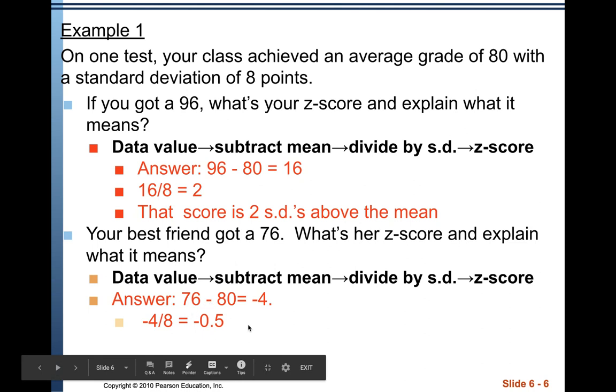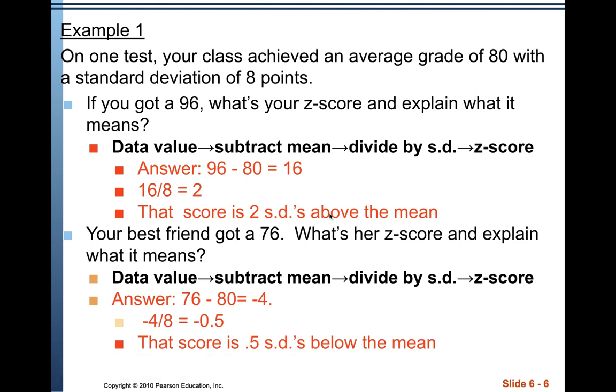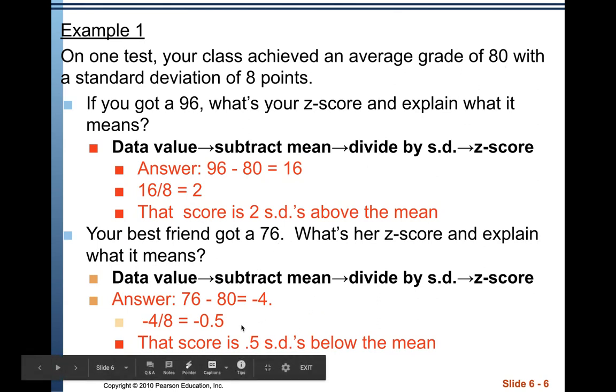So what does that negative a half mean? That negative a half means that score of 76, which we already knew was below average because the average was 80, is a half of a standard deviation, so 0.5 standard deviations below the mean. Why below?